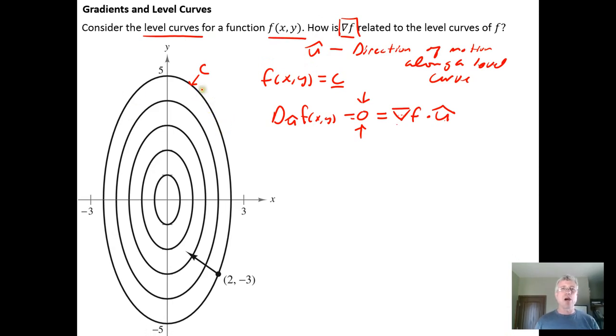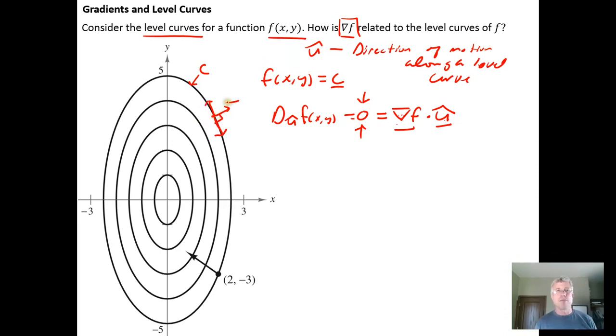Am I rotating counterclockwise or clockwise around the curve? So my u hat, my unit vector in the direction of motion, will always be tangent to the curve. And if u hat is always tangent to the curve, the gradient of f is always going to be perpendicular to u hat.